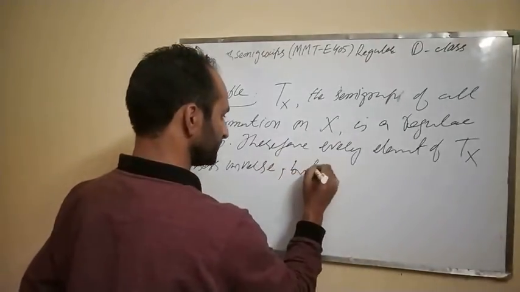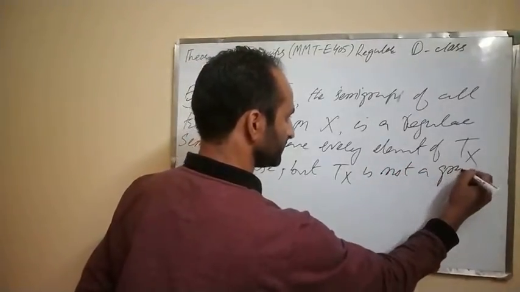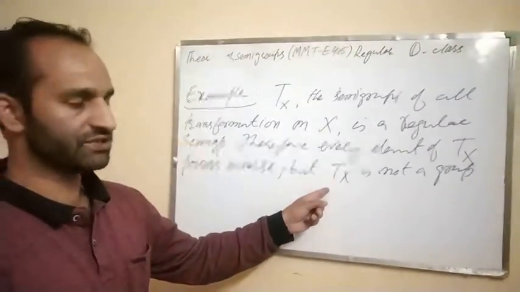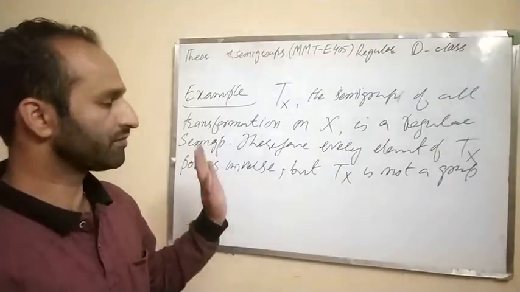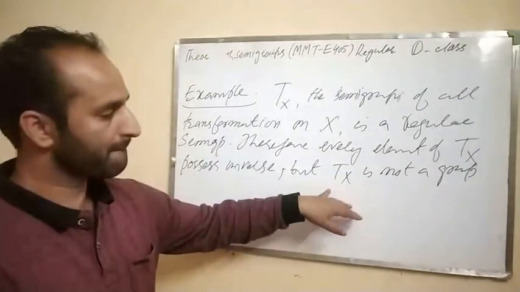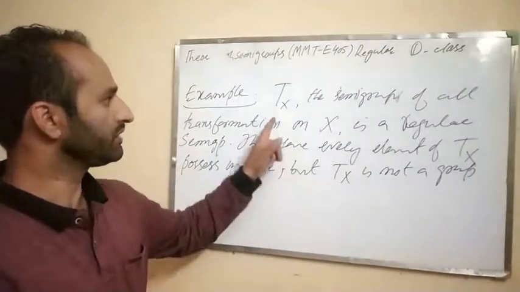But Tx is not a group. Every element has an inverse, and Tx also contains an identity mapping, but it's not a group. So it's an example of a regular semigroup in which every element possesses an inverse, and Tx also has an identity, but Tx is not a group.